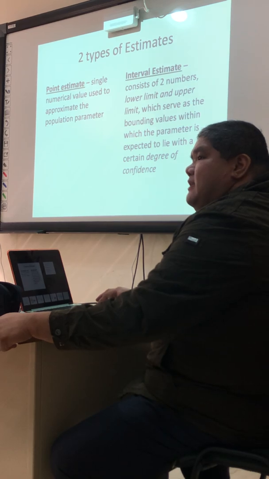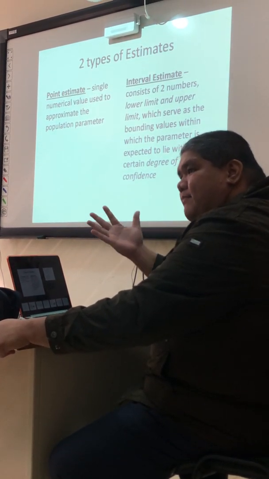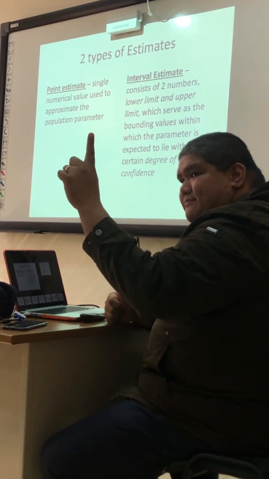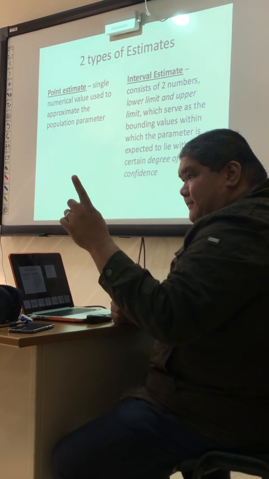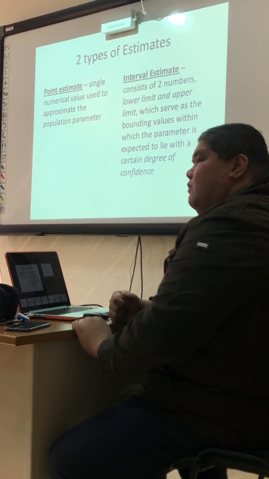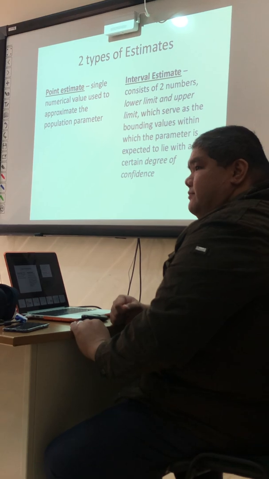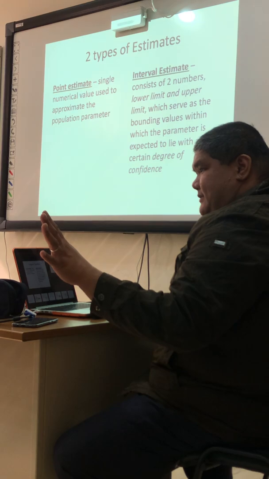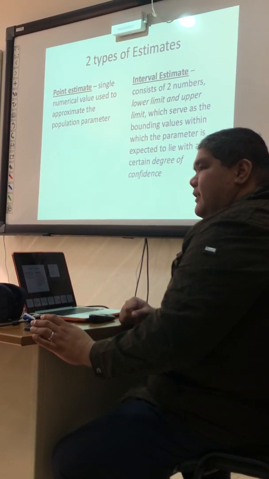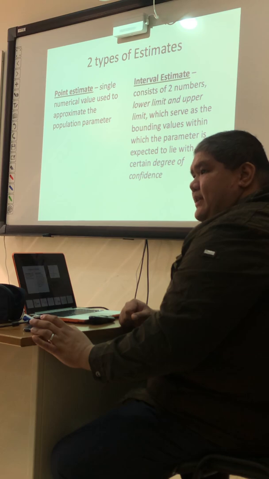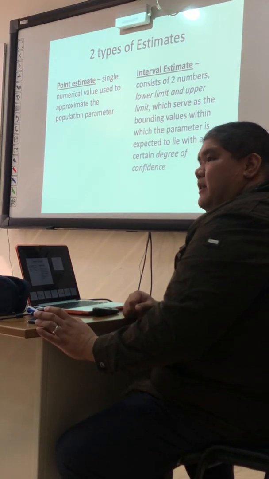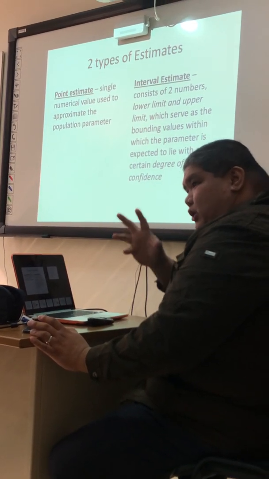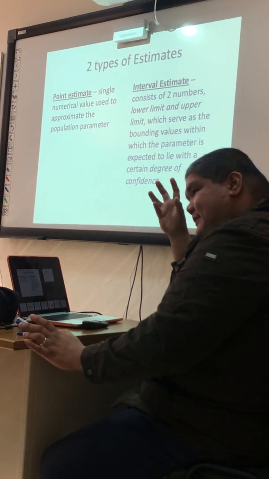There are two kinds of estimates. Point estimate, interval estimate. Point estimate, one number only. So for example, say you are 20 students, and I want to know the mean age of the 20 students. What I will do, I will just get probably 5 students. What do you call those 5 students? Sample.